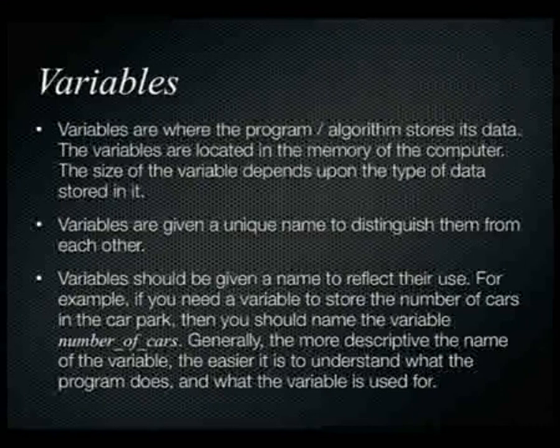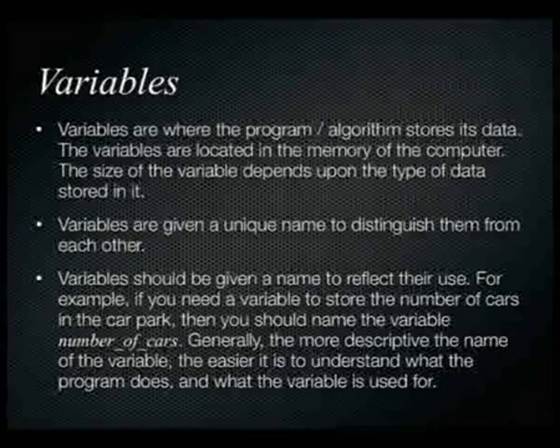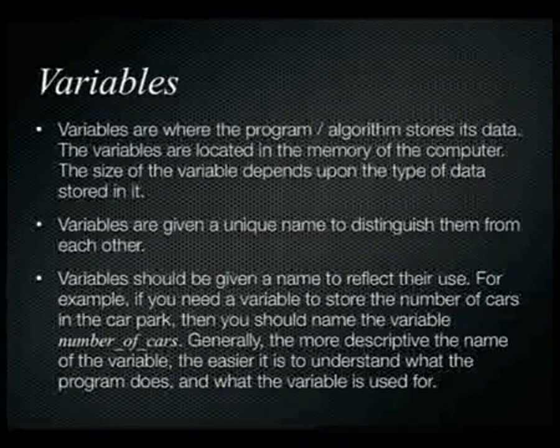So try to give them descriptive names, which makes it easier for someone to read your flowchart or your code. And of course, the variable names you've given in your flowchart have to propagate into your code, so that when you look at your flowchart and your code, there's a clear link and connection between the two.